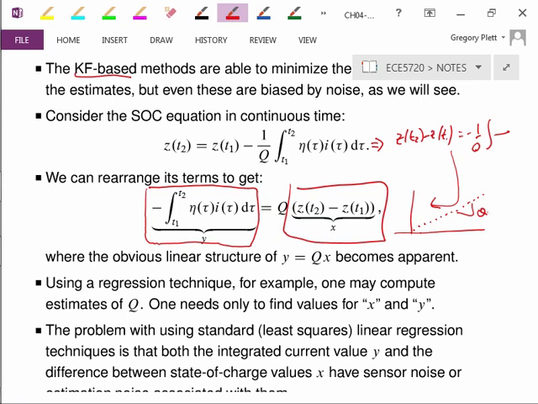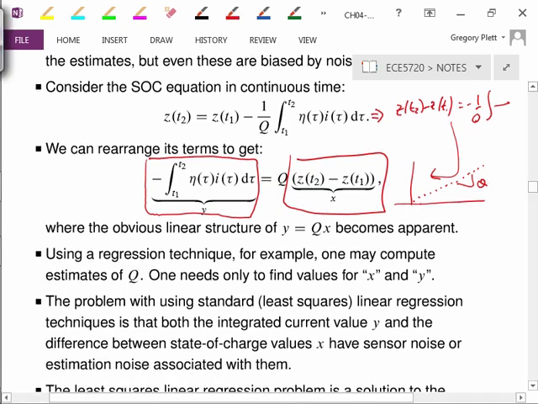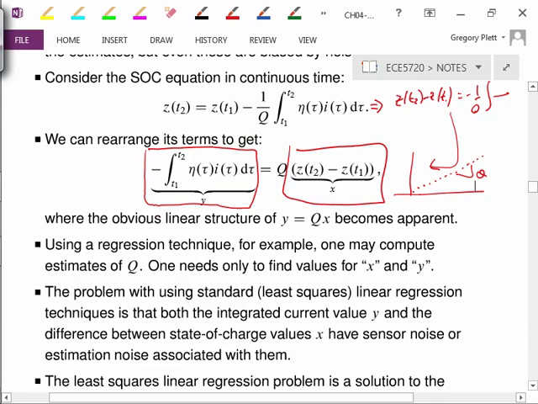There's a problem, though. Using standard regression techniques, which are least squares regression techniques, the problem is that standard least squares expects noise in only one of the dimensions. It expects your x values to be perfect, but your y values are permitted to have some noise. And so we could think of having error bars on y because of noise.